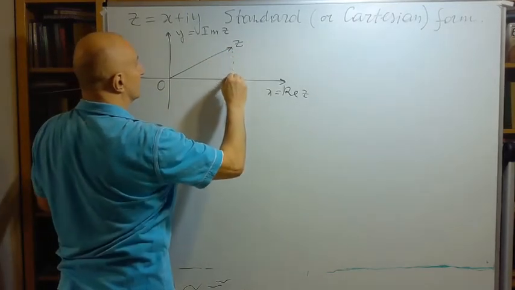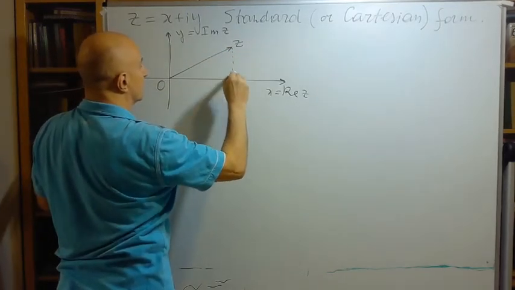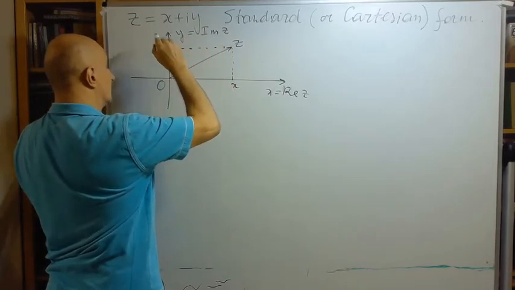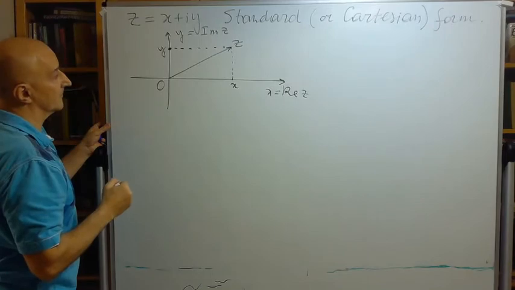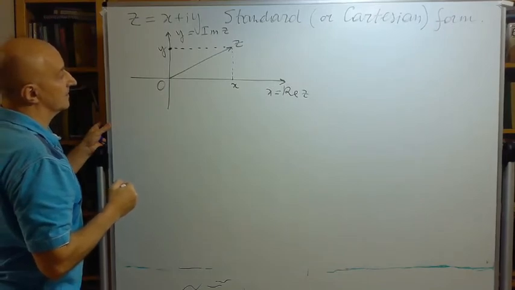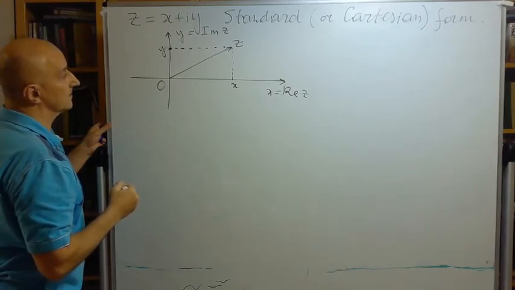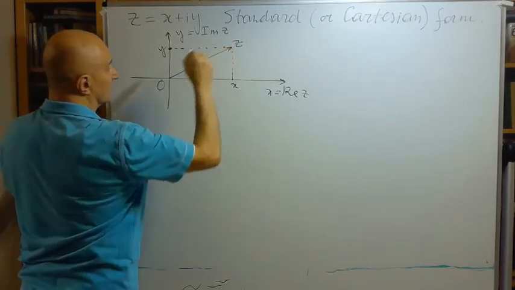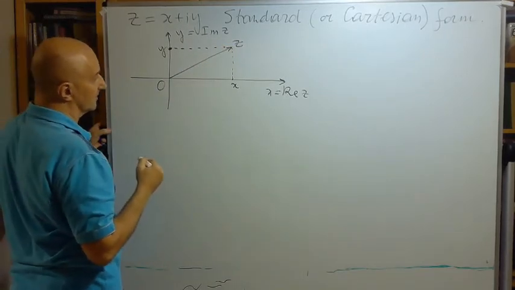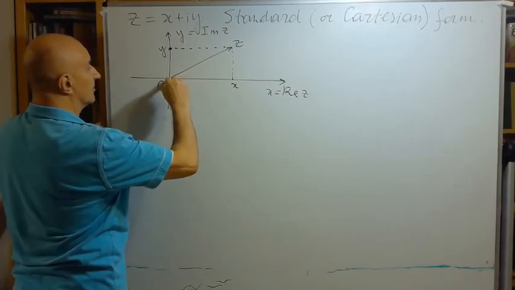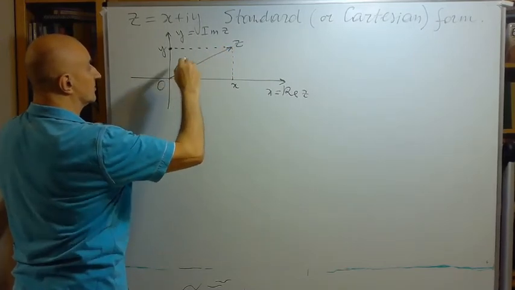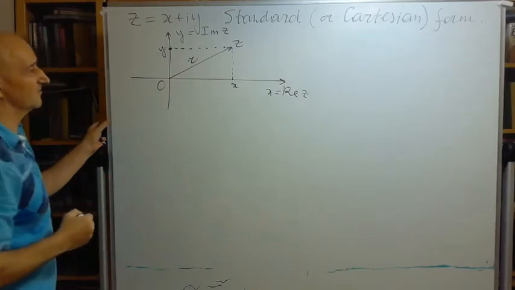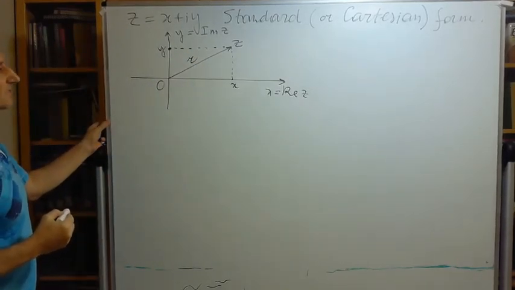So this is x and this is y. You can consider these vectors differently. In order to find this terminal point of vector z, it's enough for us to know the distance or modulus of z, or we will denote it r as polar radius.